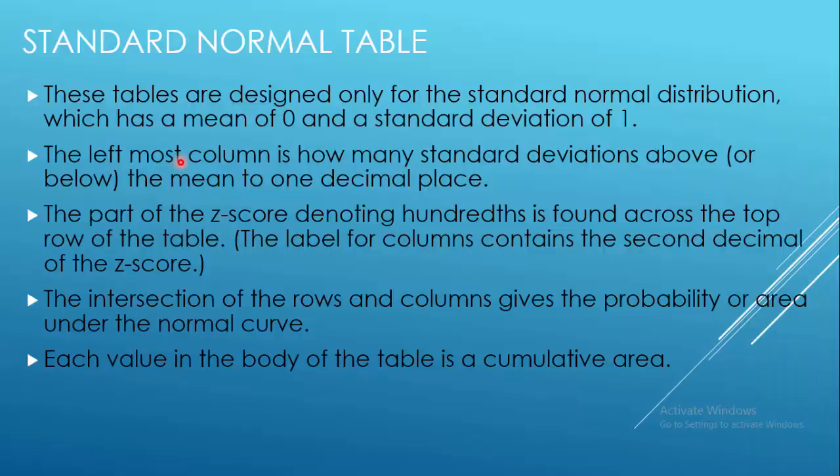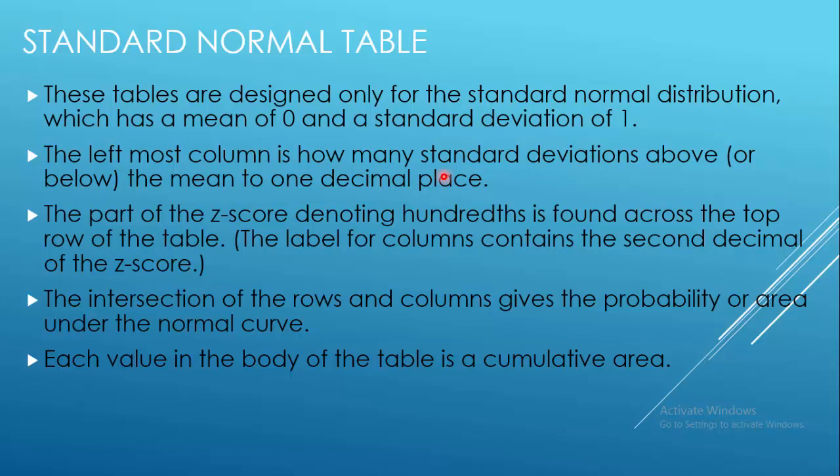These tables are designed only for the standard normal distribution, which has a mean of 0 and a standard deviation of 1. The leftmost column is how many standard deviations above the mean to 1 decimal place. Because the distribution is symmetric, it doesn't really matter whether it is above or below.